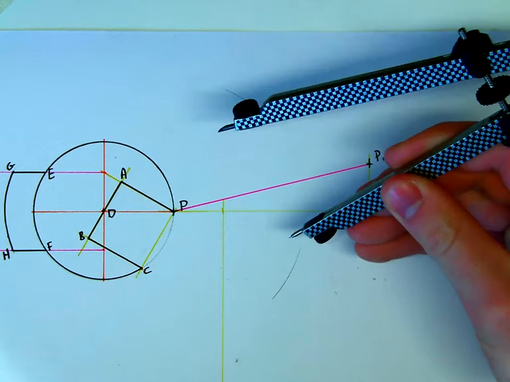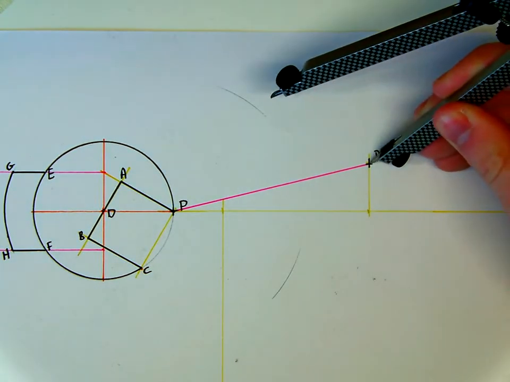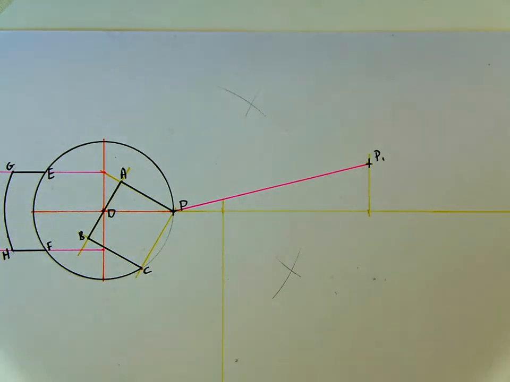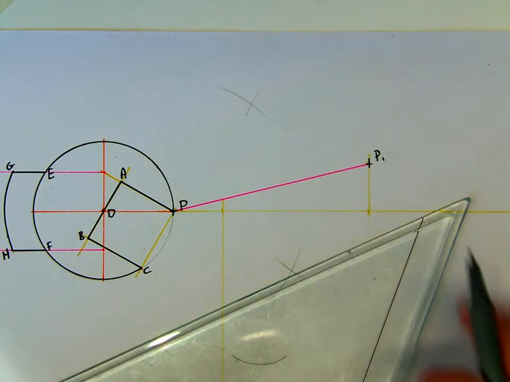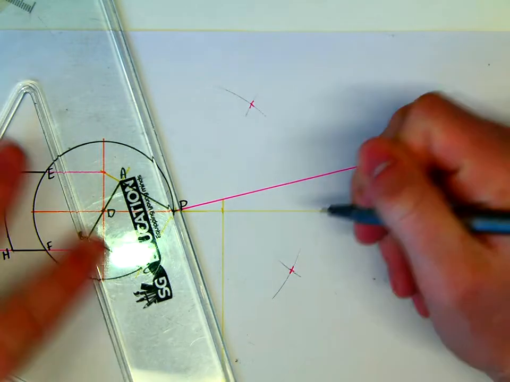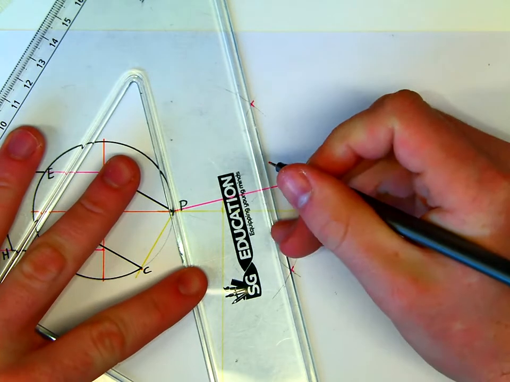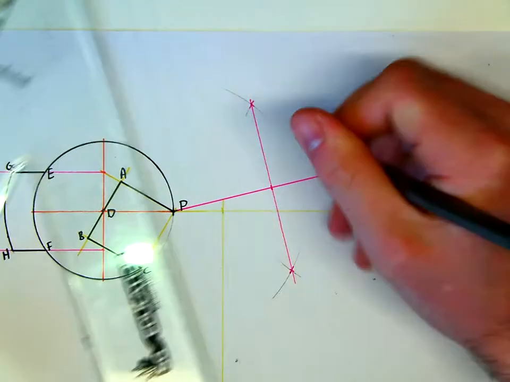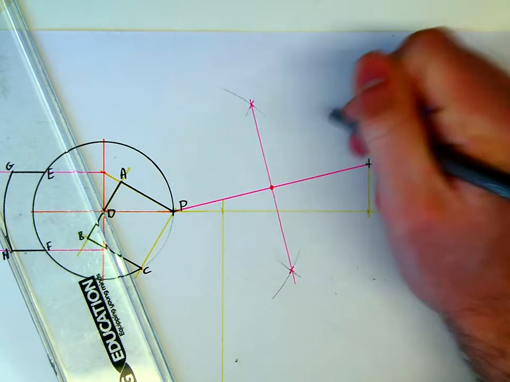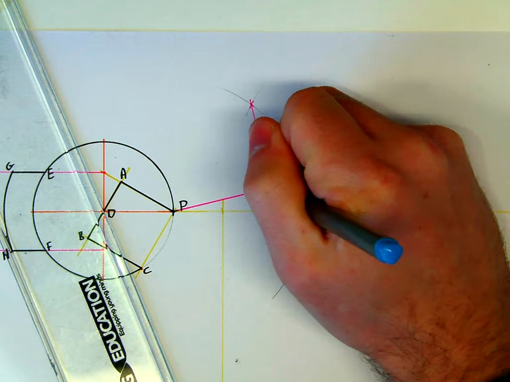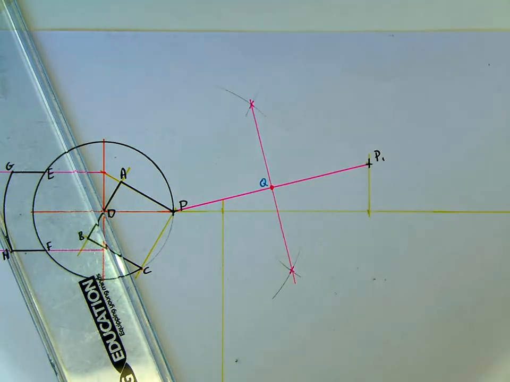And I keep that same distance on my compass, and I swing above and below. And that gives me these two cuts here, 1 and 2. And if I join those to each other, that gives me that point there. So I'm just going to label that Q just as my center point.